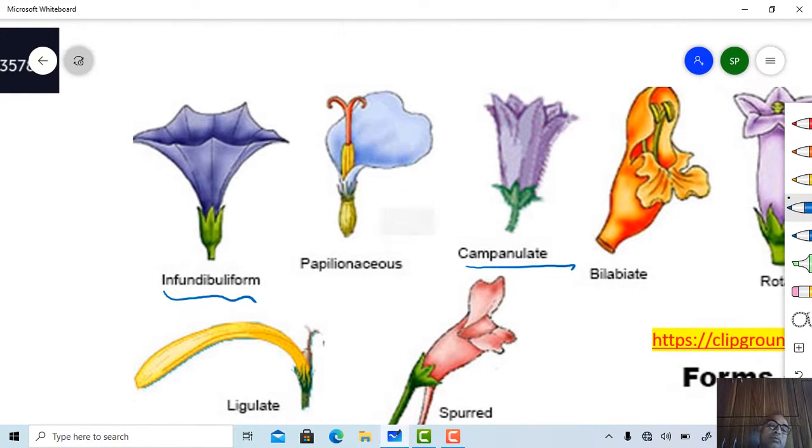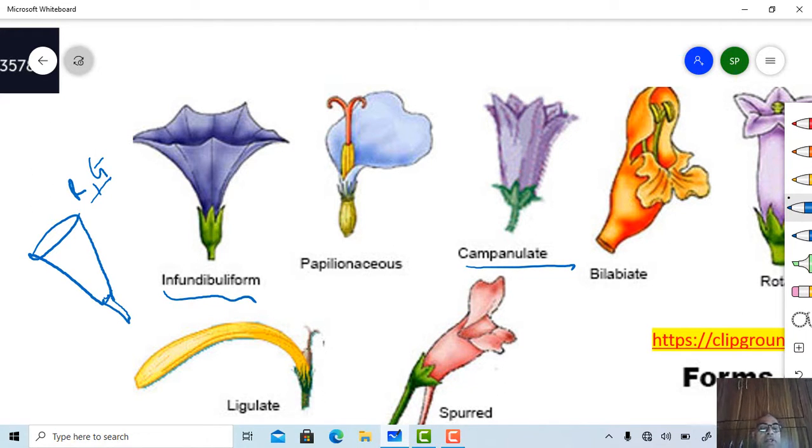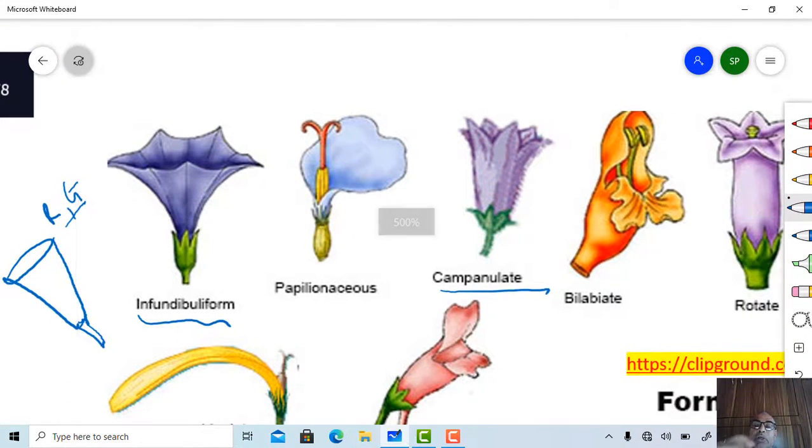Infundibuliform is a regular gamopetalous corolla which forms a funnel shaped structure. So this is called infundibuliform or funnel shaped corolla. This one is a campanulate corolla. This one is also regular and gamopetalous, where it forms a bell shaped structure.